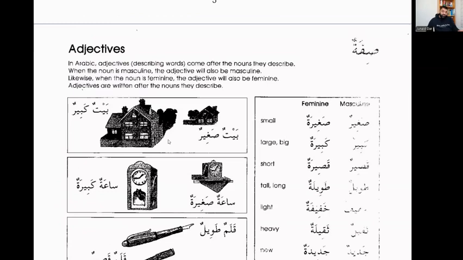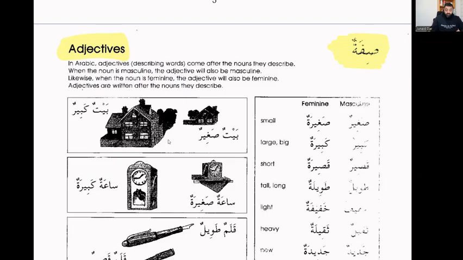Now, the next topic in the book, we have to switch gear just a little bit, is adjectives. The word for adjective in Arabic is sifatun. If you repeat after me, sifatun. So this is an adjective.